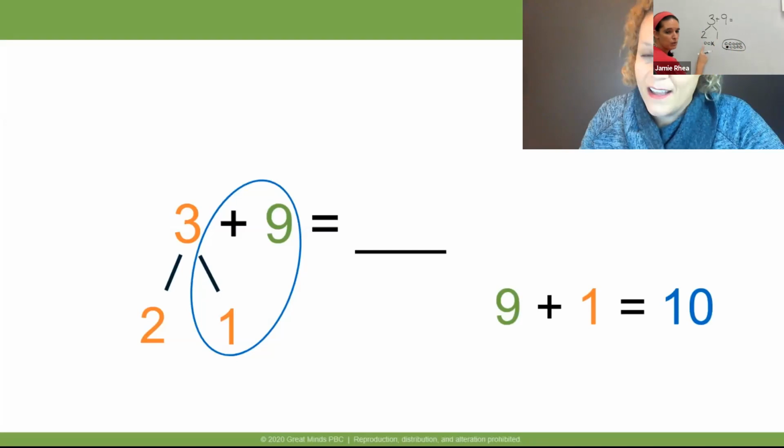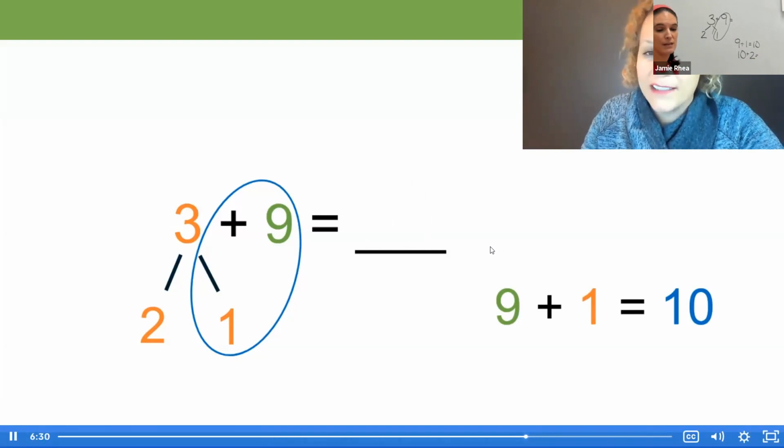Here's my 2. Okay, that's where we're getting the 2 and the 1. So now we can say 1 plus 9 equals 10. 10 plus 2 more equals what?